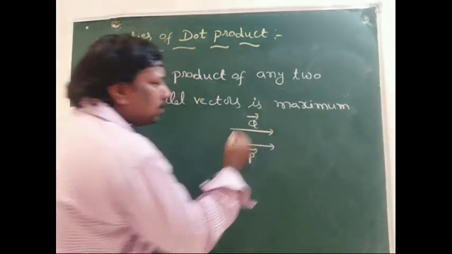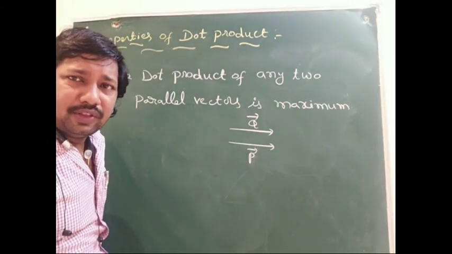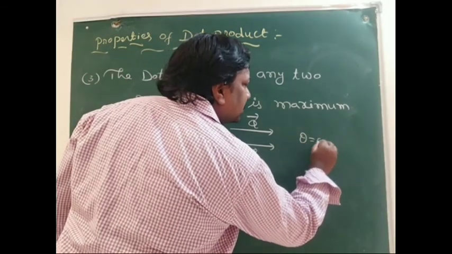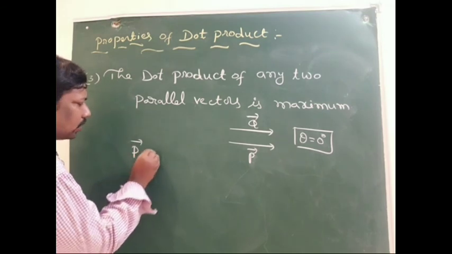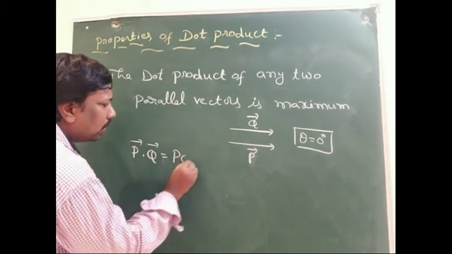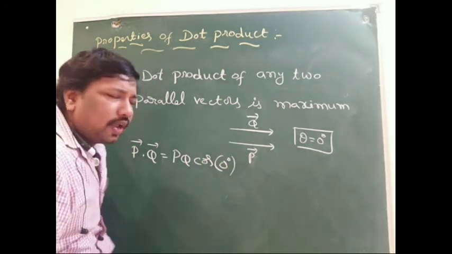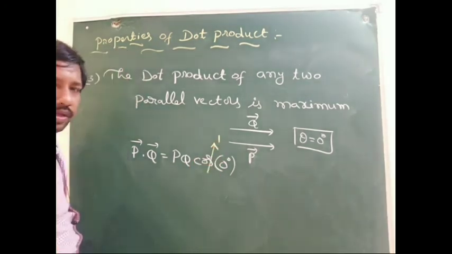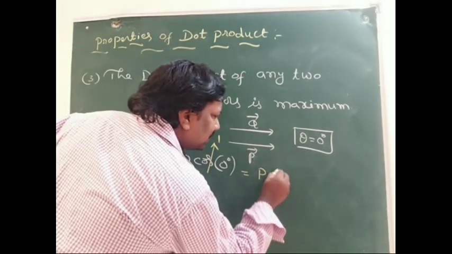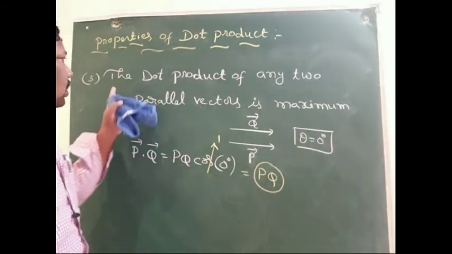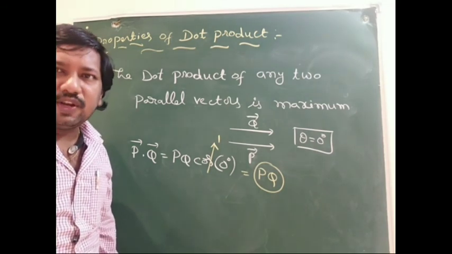In the case of parallel vectors, the angle between the two vectors is 0 degrees. Therefore the dot product of p bar and q bar is equal to pq cos 0. You know that cos 0 equals 1, so its value is 1 into pq, that is pq. So the dot product of any two parallel vectors has the maximum value.